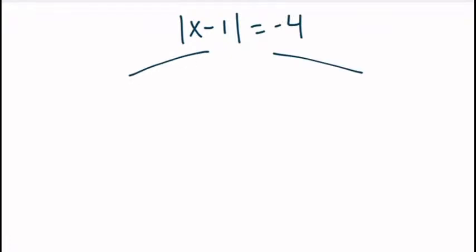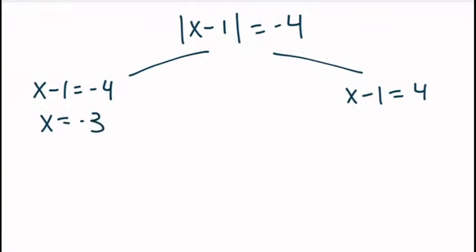How about x minus 1 equals negative 4? Split it up. X minus 1 equals negative 4, or x minus 1 equals positive 4. X equals negative 3 on this side, and on the right side, x equals 5.